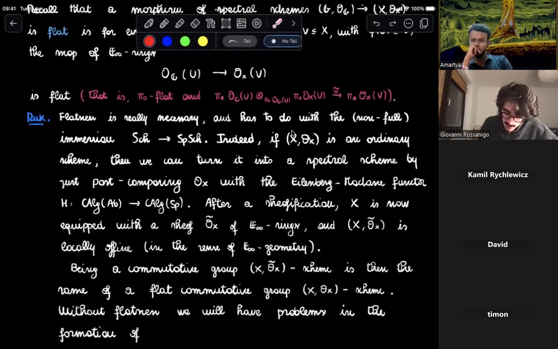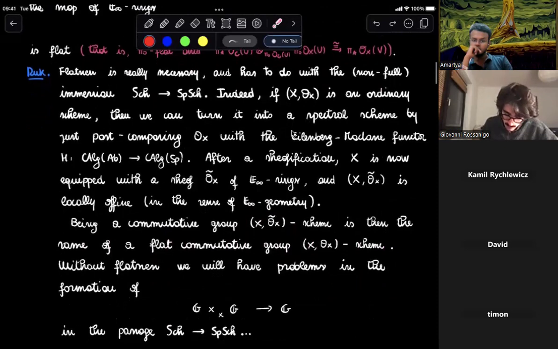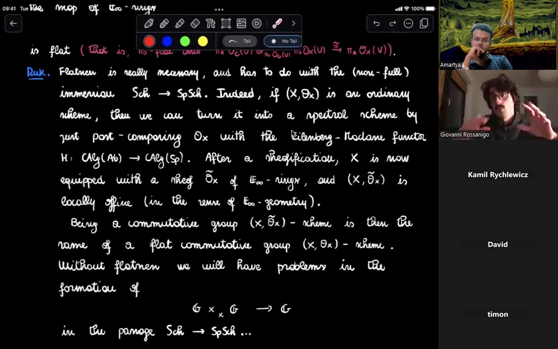And without flatness, we are not able to identify this product here. So in general, computing the multiplication map in the case of schemes and spectral schemes without the flatness assumption will produce two different results, something that we don't want. So since this inclusion is not nice, it's better to look directly at flat objects.